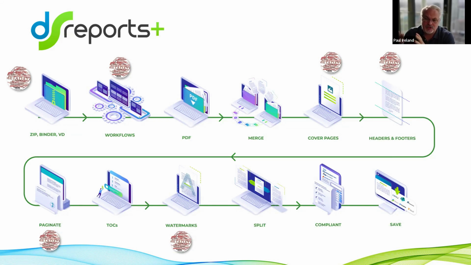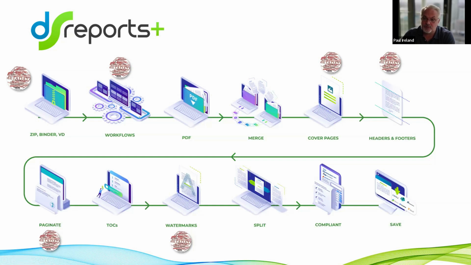At the end, each individual file that's created, whether it's one single file or multiple split volumes, each one of those will be fully compliant and saved back into the repository, either SharePoint or wherever else you need. So ultimately, all of that is automated. The only manual step left is the first one, just to create the zip file or the collection of content that makes up the report, and that's it. The rest of it's fully automatic.